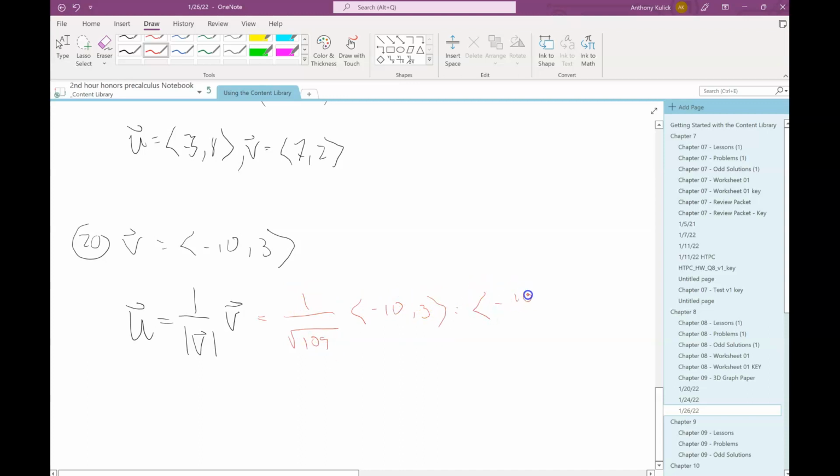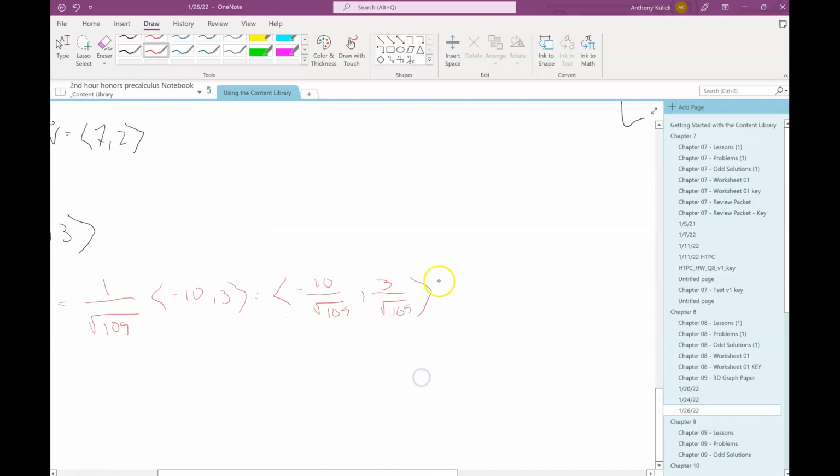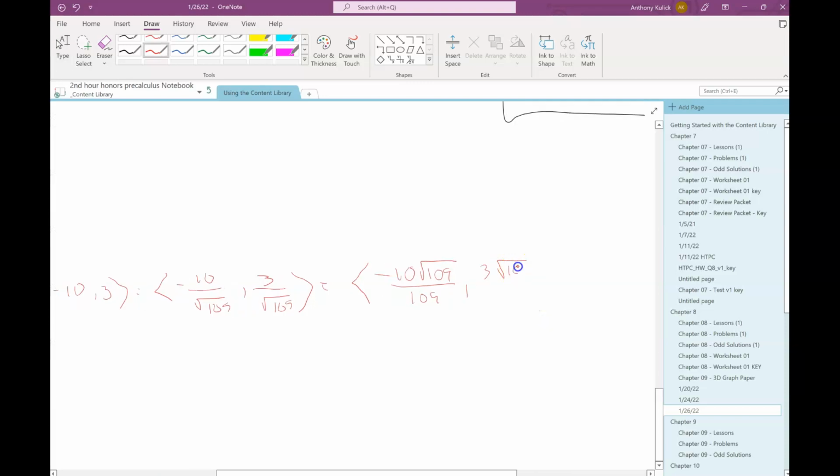So I multiply that in, and then I'd probably rationalize my denominator because this is a final answer. That's my component form answer to part A. Part B asks for the linear combination form, which is just the ij notation.